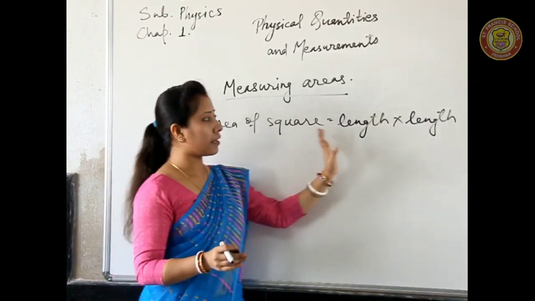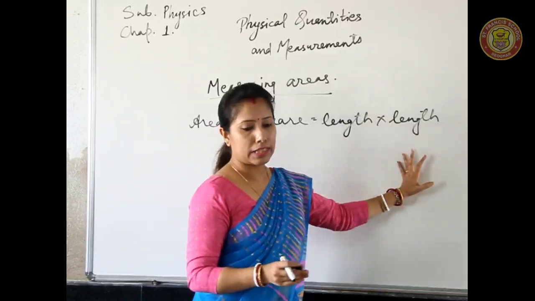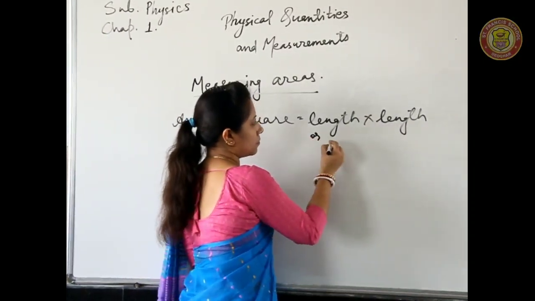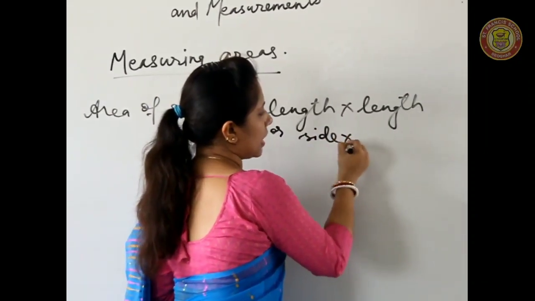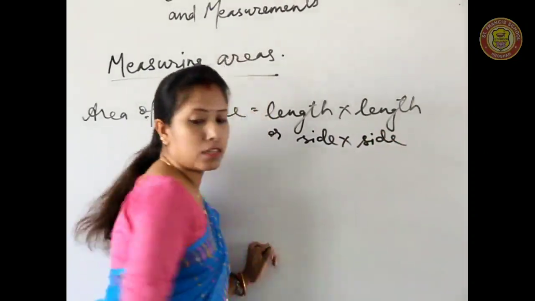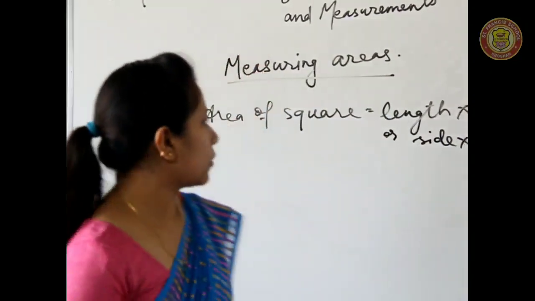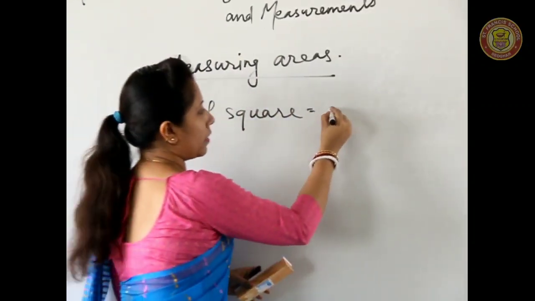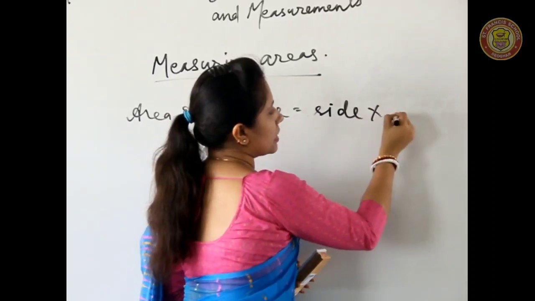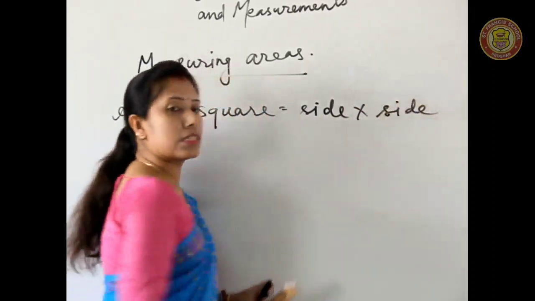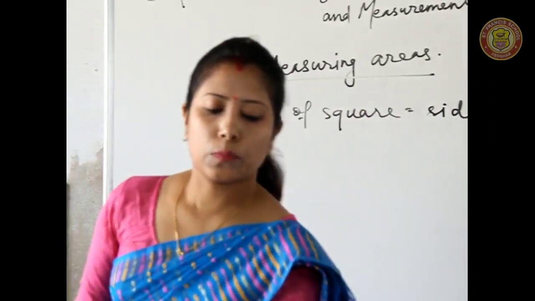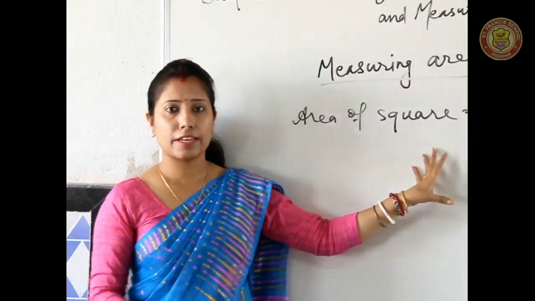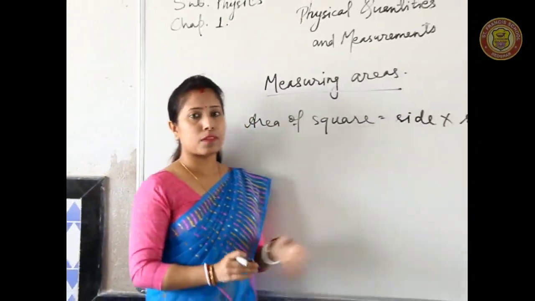So area of square equals length into length, or side into side. So for your convenience, you can write it as area of square equals side into side.